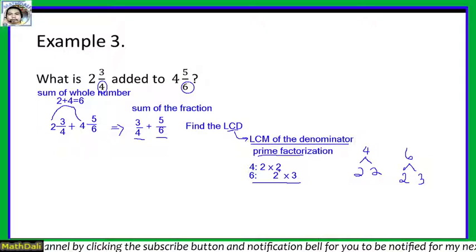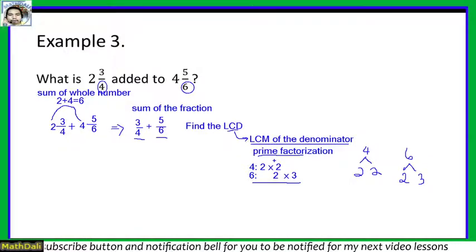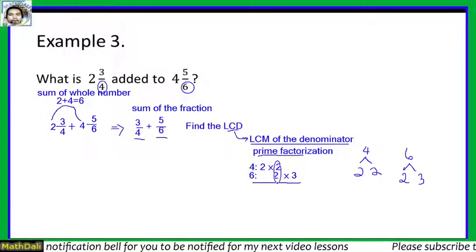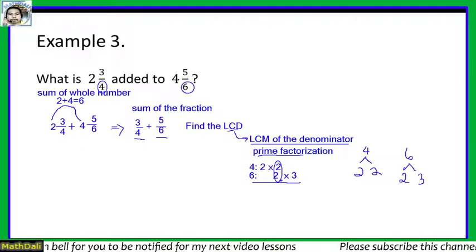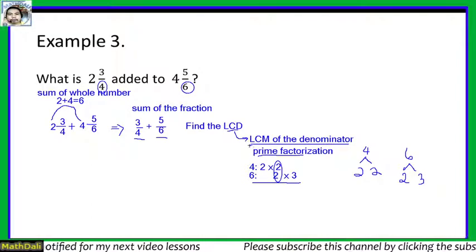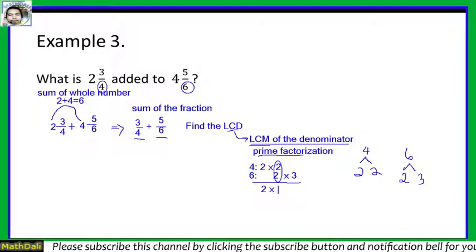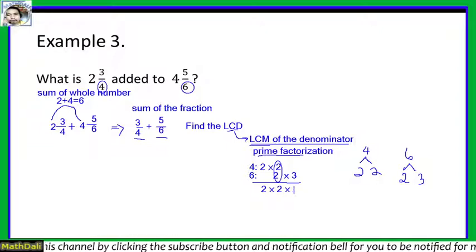Yan. Mapapansin ninyo, pinagtapat ko dito yung ating 2. Ito yung ating common factor. So, pag hinahanap yung GCF, ito lang yan. Pero pag hinahanap yung LCM, i-bring down po natin lahat to. Bababa natin lahat yan. Yung 2 times 2 times 3.